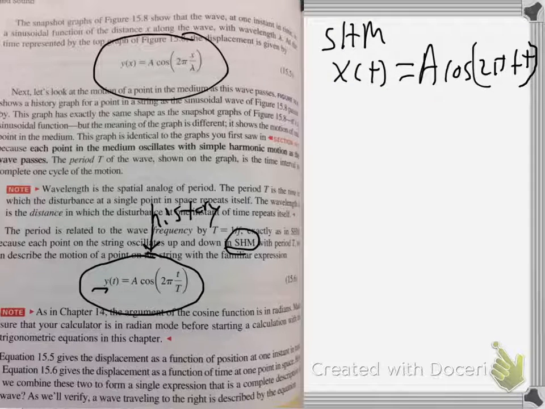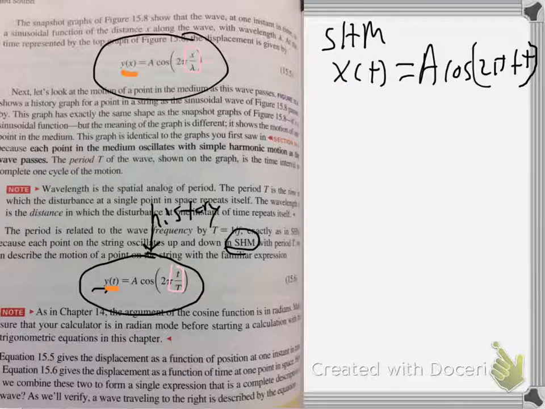Notice that this depends on x, this depends on time. You can see that this is very, very similar. This is a function of position here. This is a function of time. Really, the only difference is the current time over the period and the current position over the wavelength.